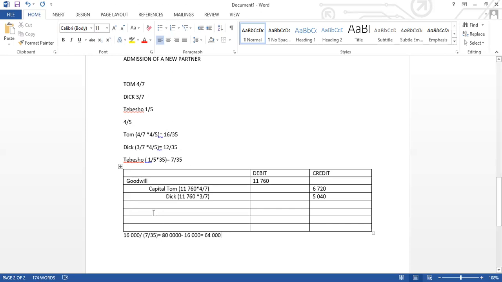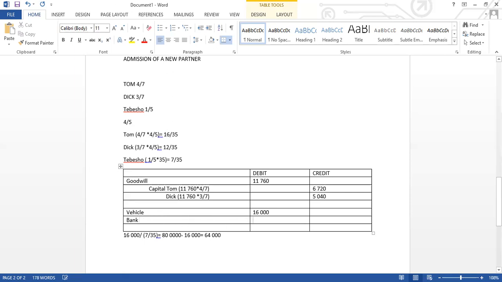So we need to record this. First, we know that our vehicles are increasing. So we debit our vehicles. We got a new vehicle. Vehicle is an asset. It increases on the debit side. Vehicle worth 16,000. And then our cash is also increasing, so our bank account will increase. Bank is an asset. It increases on the debit side with 64,000.